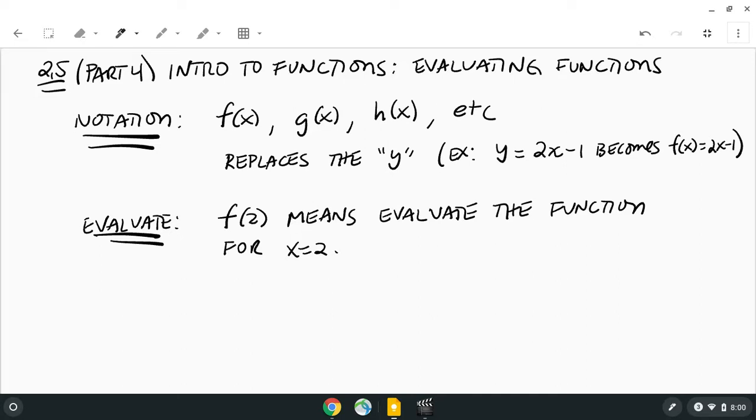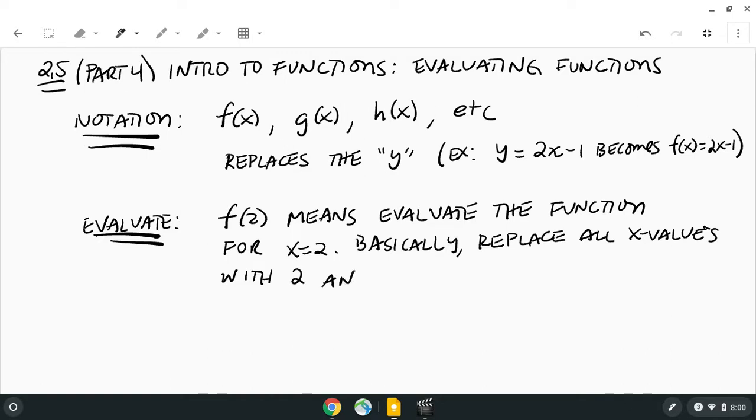Okay, so what that basically means is right here, this notation here is telling you what to replace the x values with and then work out the problem. So this is saying replace all the x values with 2 and simplify.